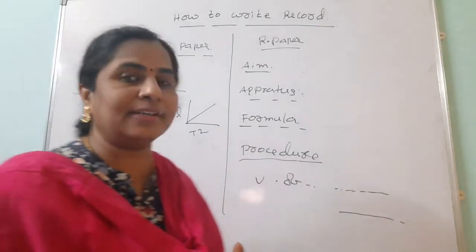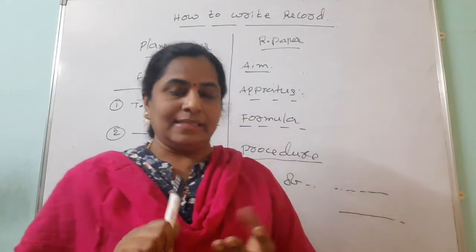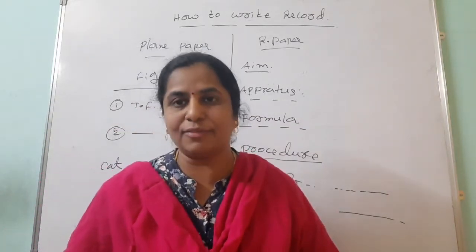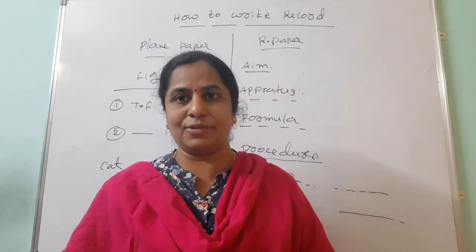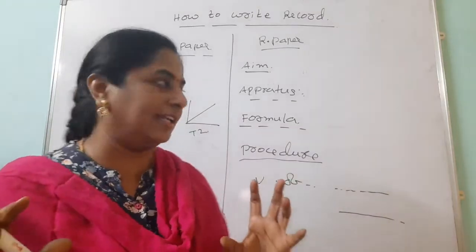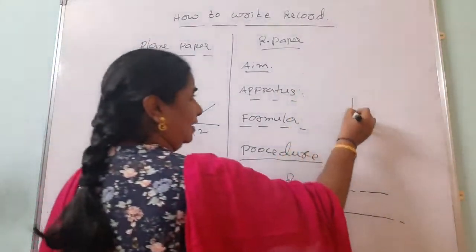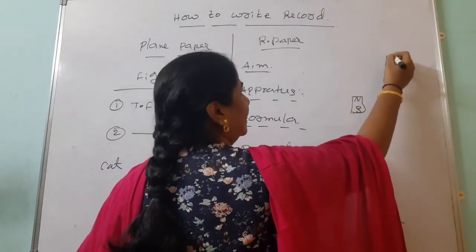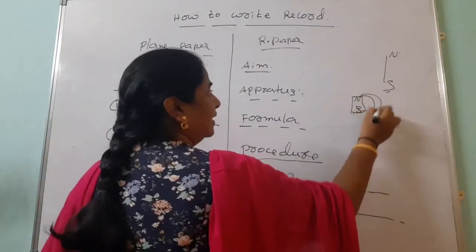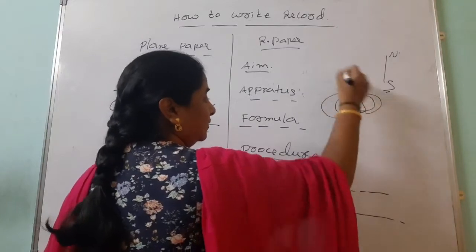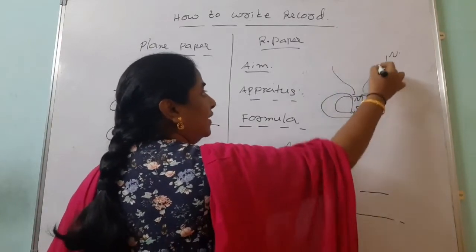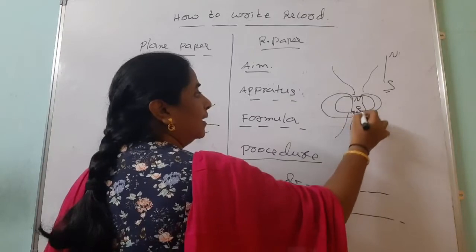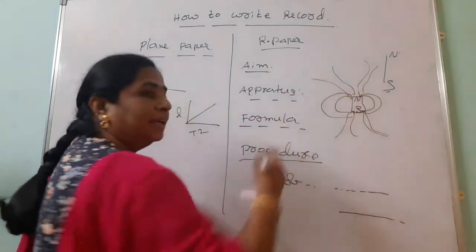One more important thing I want to share with you. In the case of magnetic lines of force, many people make mistakes here. They draw north, south, everything neatly on a single paper in the record's plain paper only. But we must do this experiment on a chart.